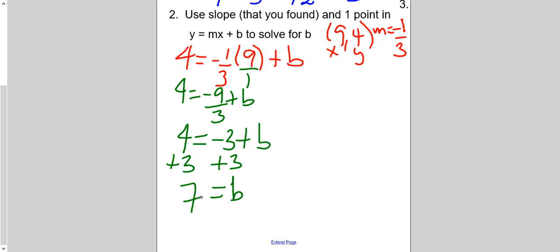There we go. We got our b. And that worked out really nice, okay? So we had picked a point, 9, 4, and it was nice because even though our slope was a fraction, it still ended up as a whole number. So that was great to see.